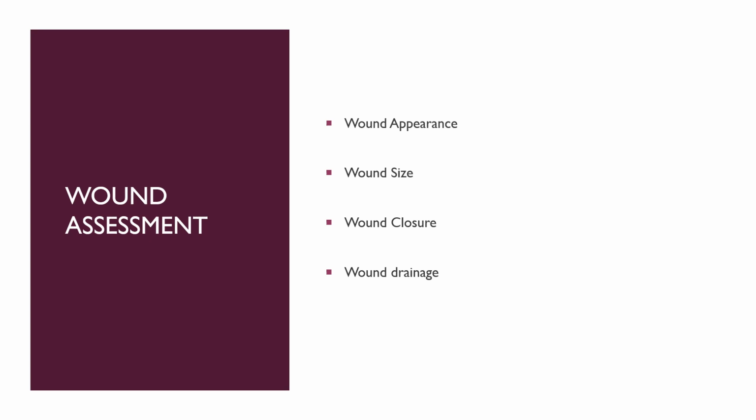In wound assessment, first you need to assess the appearance of the wound. How does it look? Is it red, uniformly pink, yellow, black, or light pink? Because identifying the tissue color allows for the appropriate selection of the dressing needed to help with the healing.